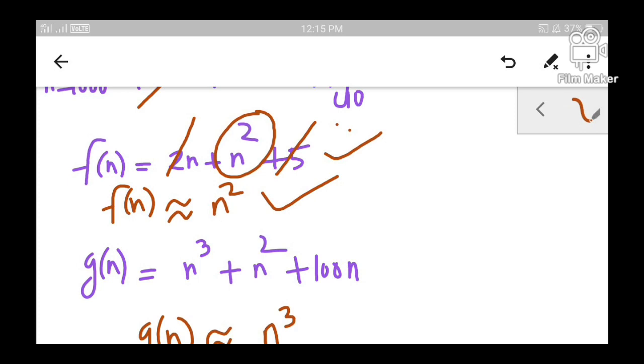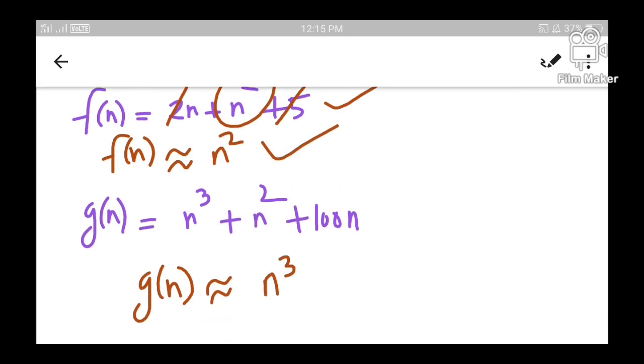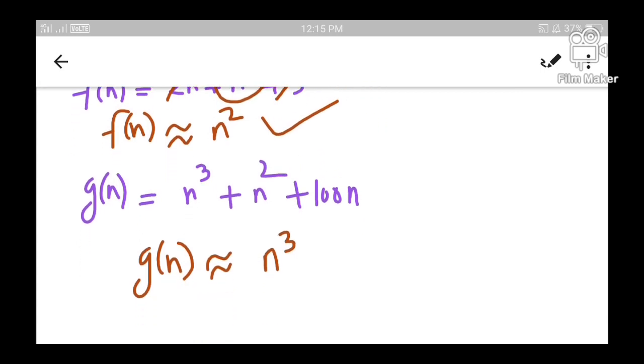Moving on to one more example, suppose the function is g of n, and g of n is equal to n cube plus n square plus 100n. As shown, it has three terms. The power of n associated with each term is: here the power of n is 3, here the power of n is 2, here the power of n is 1.